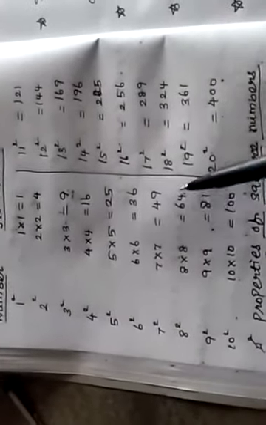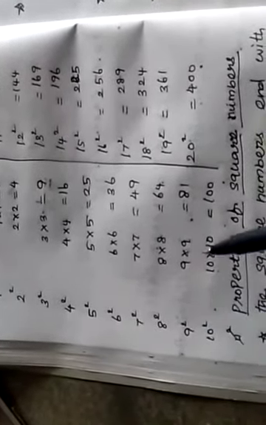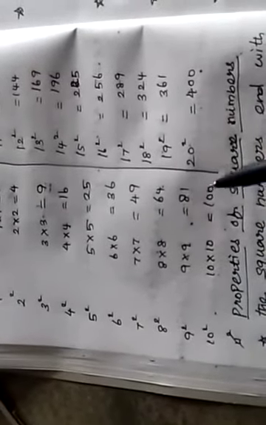7 squared, 49. 8 squared, 64. And 9 squared, 81. You know very well 10 squared, very easy, 10 into 10, 100.